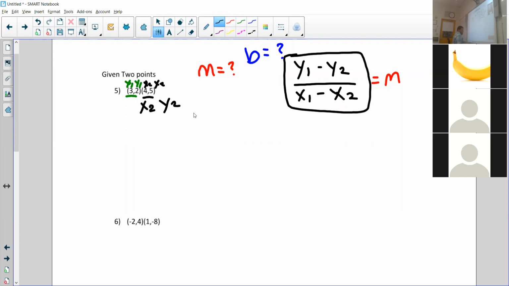So Y1, which is 2, minus Y2, which is 5, over X1, which is 3, minus X2, which is 4.